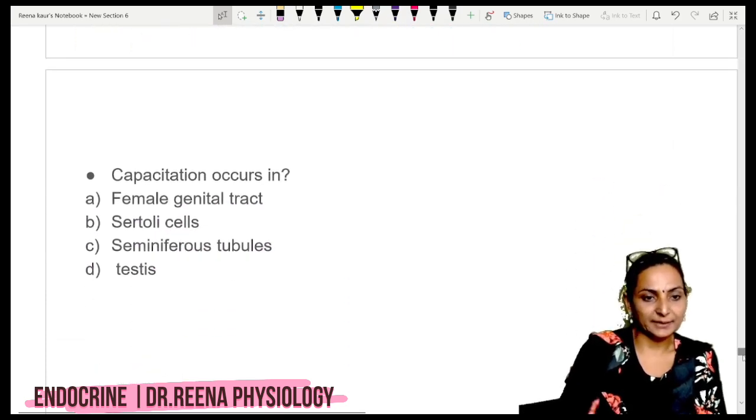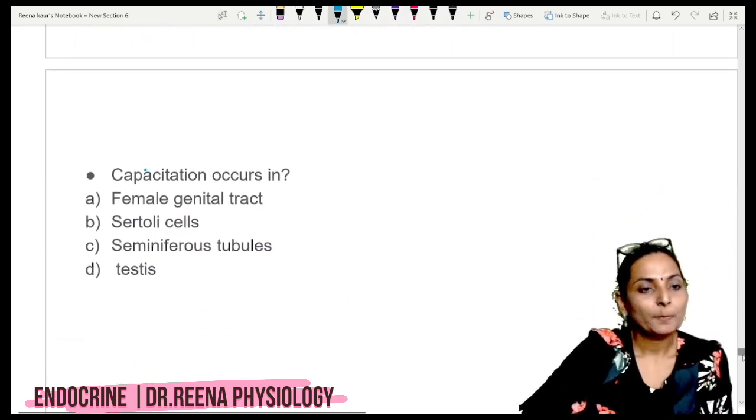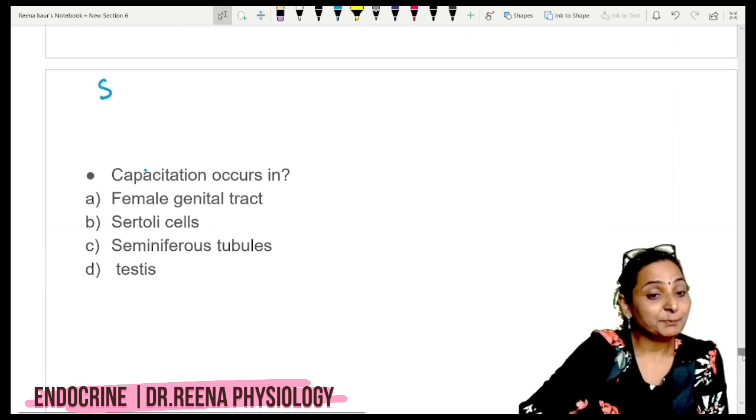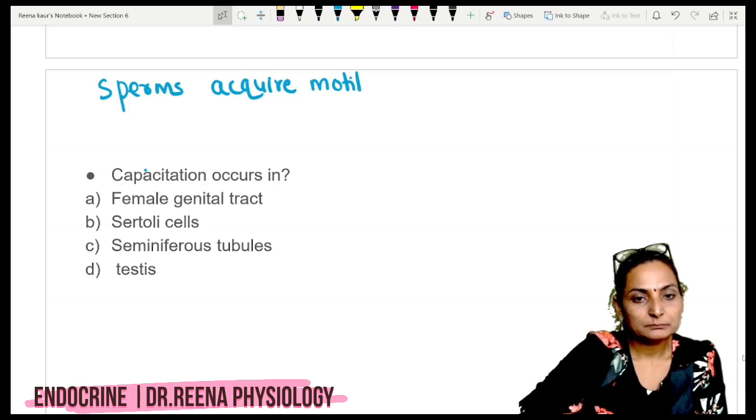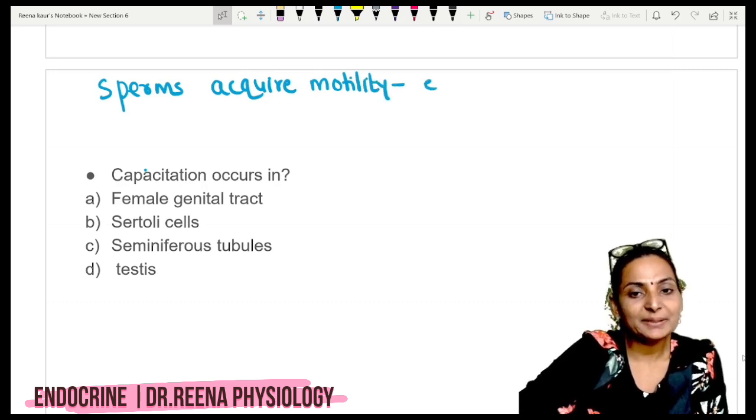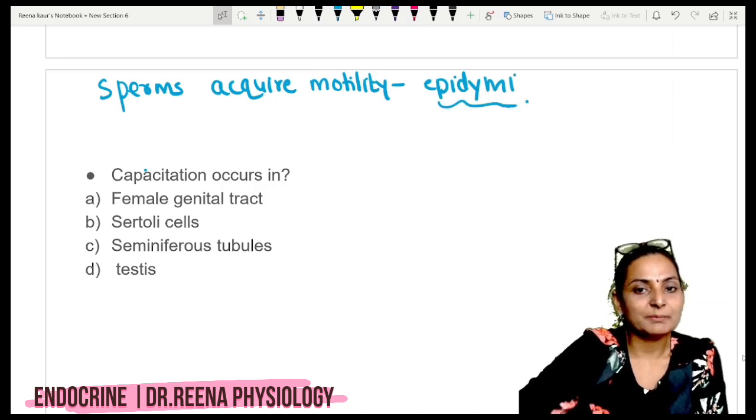Now, capacitation occurs in, what is capacitation? Remember, when there is spermatogenesis, the sperms acquire motility in the epididymis.